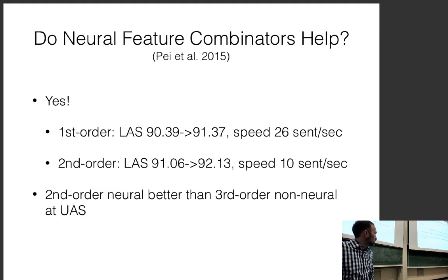The second order neural parser was already better than a third order non-neural parser. So this was showing that, interestingly, if you have better feature combinations, a better way to express features through neural networks, this allows you to do away with some of the structure that was really important in the previous models.